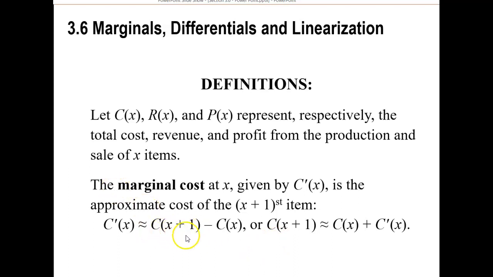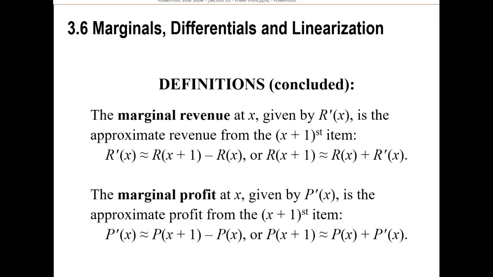So rearranging this equation, they've just added the C of x to both sides, getting C of x plus 1 equals C of x plus C prime of x. Marginal revenue, same definition, only using your revenue function. Marginal revenue is R prime, approximate revenue from the x plus first item.